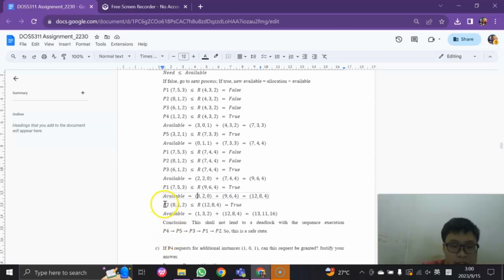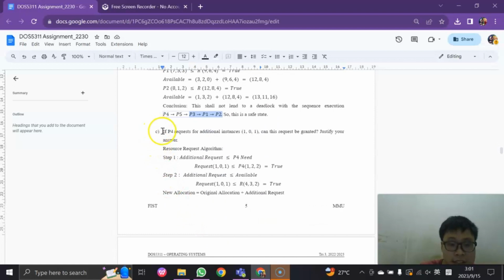Now go to the next process, P2. 8 1 2 is less than or equal to 12 8 4. Now calculate the last available. The allocation of P2, 1 3 2, plus 12 8 4 equal to 13 11 6. The conclusion: this will not lead to a deadlock with the execution sequence P4 to P5 to P3 to P1 to P2. So this is a safe state.